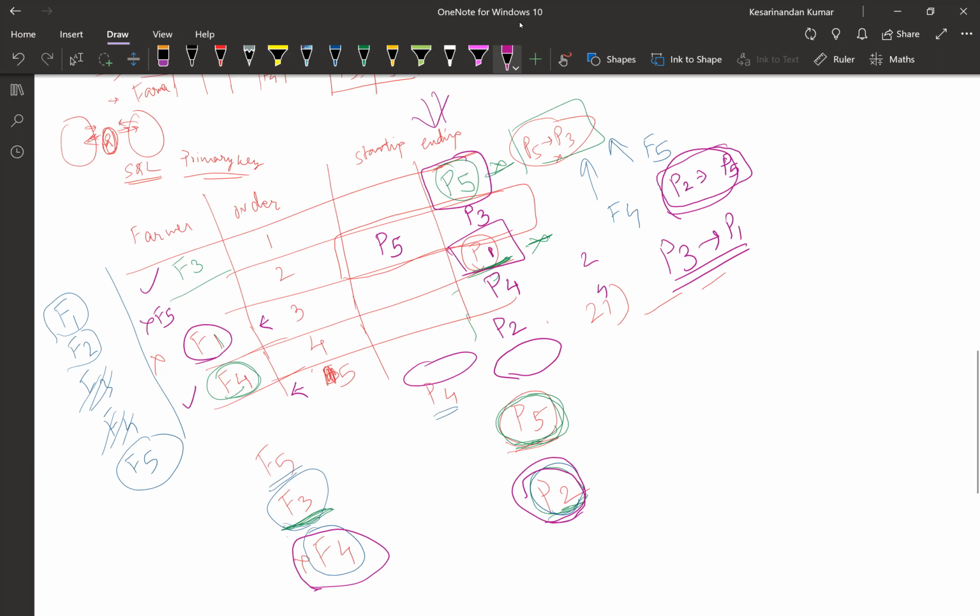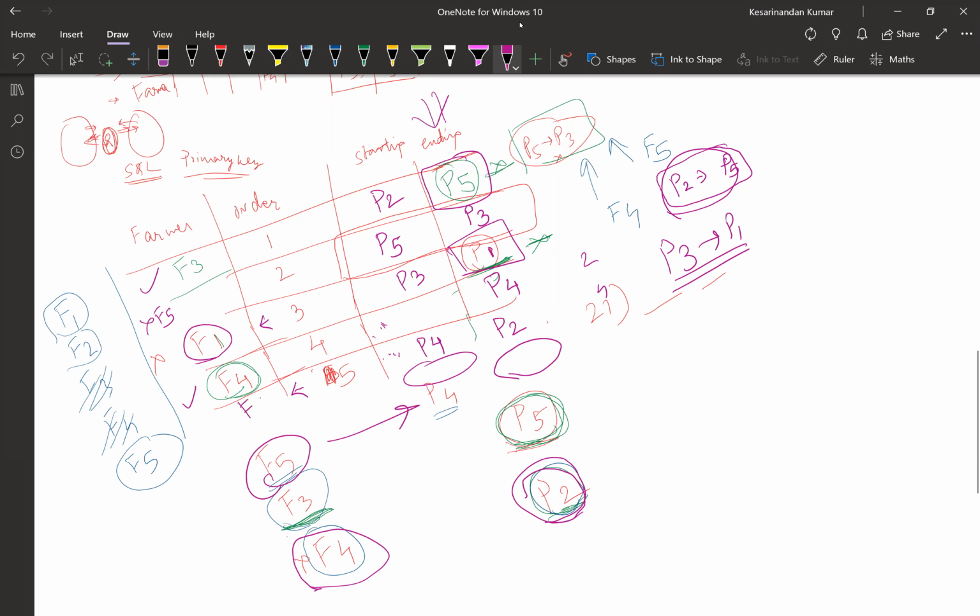Now, can we predict the starting points? Yes. In the first, the starting is P2 and in the third, the starting is P3. Exactly. Now, can we say F5's starting is P4? So can we place P4 here or here? The fifth one, we can. Exactly.